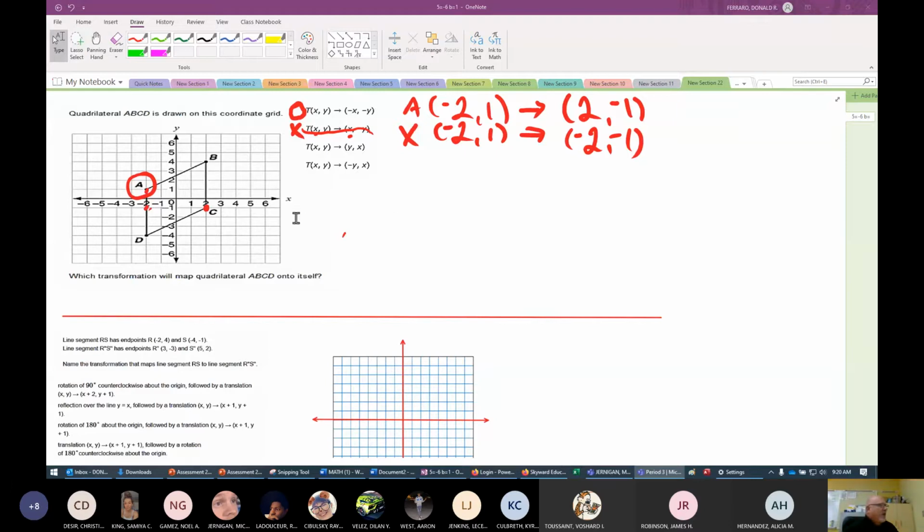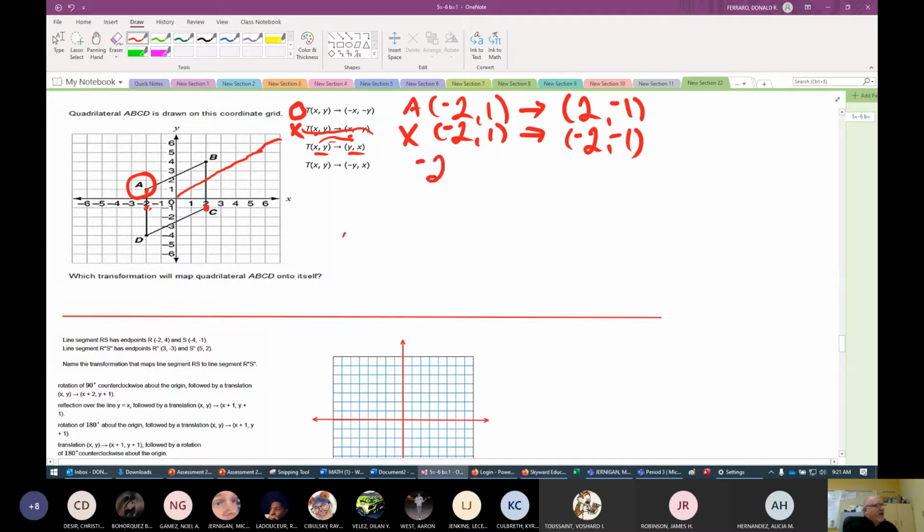Let's continue on here. My next option is xy going to yx. Now, we know that when x goes to y and y goes to x, we're usually going over the line of reflection, which is y equals x. But let's go ahead and do this translation.